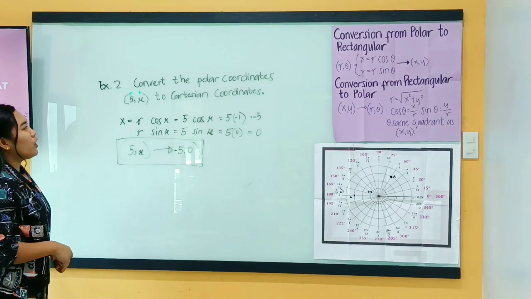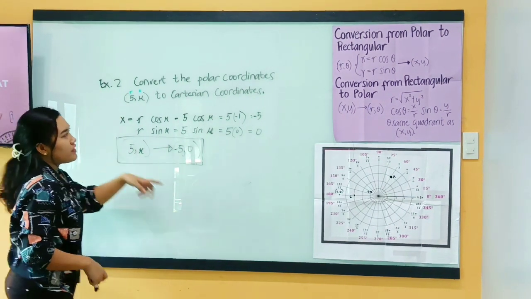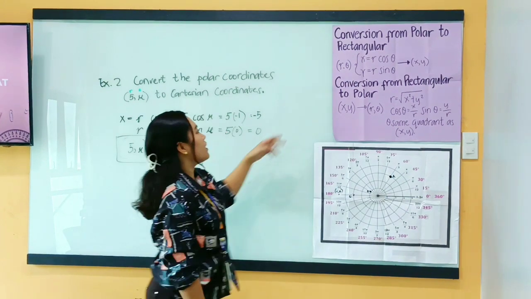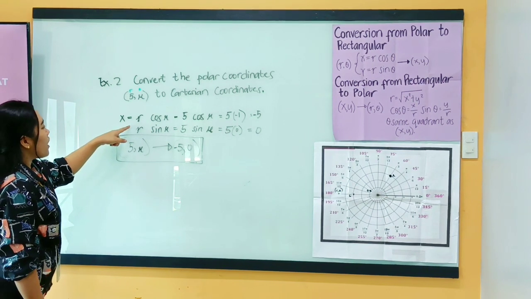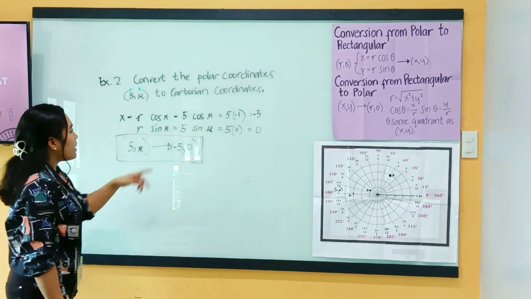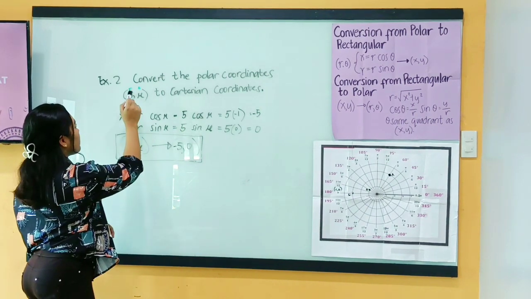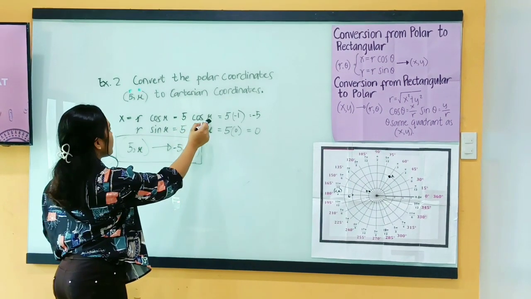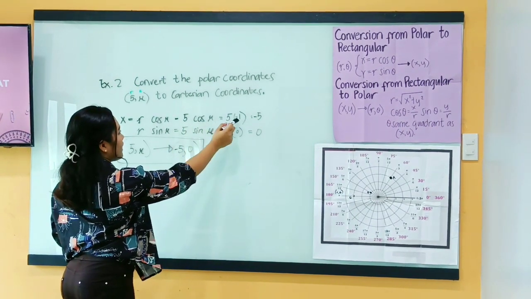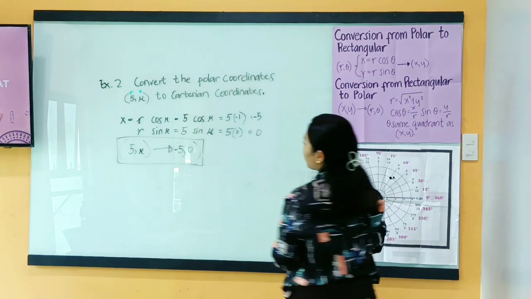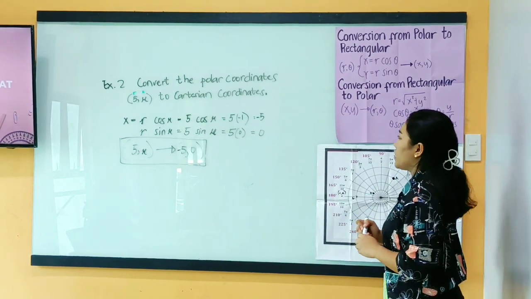In converting the polar coordinates (5, pi) to Cartesian coordinates, we use this formula. So we put the formula here, x is equal to r cosine pi, we substitute. The 5 is our radial, cosine pi is negative 1 because the cosine of pi is negative 1.